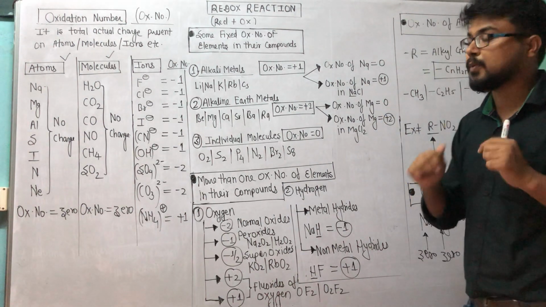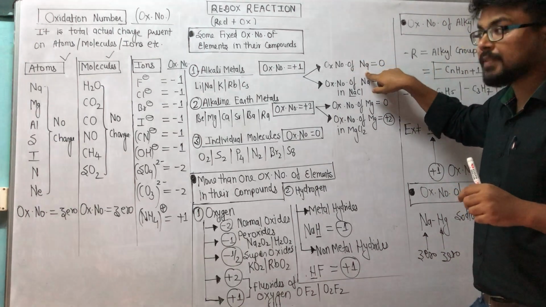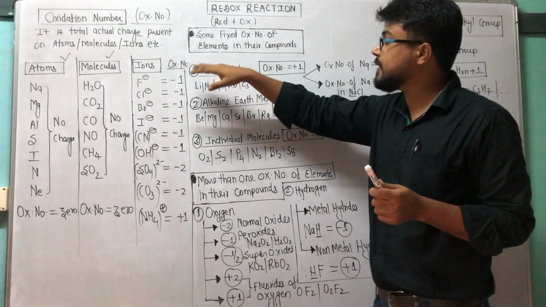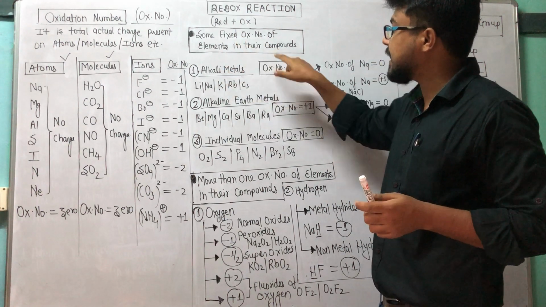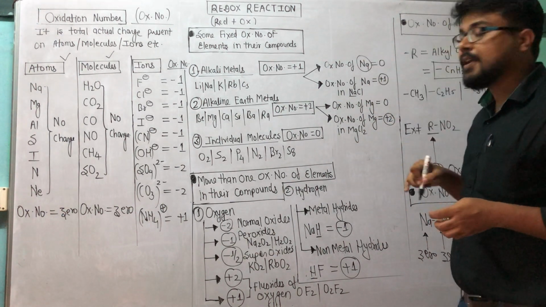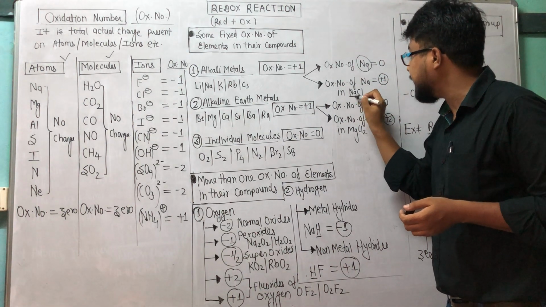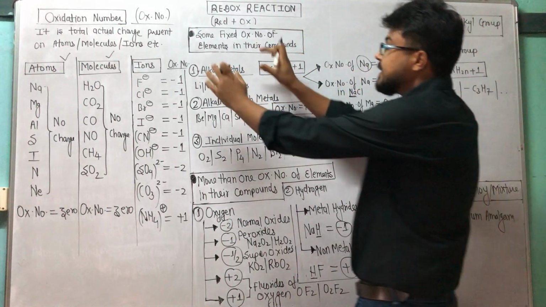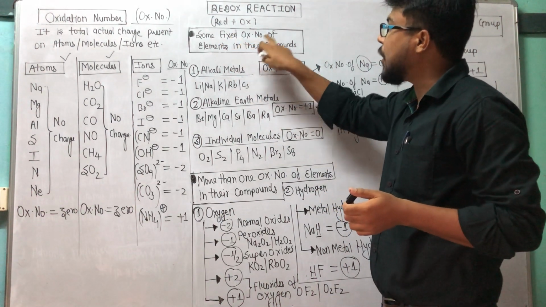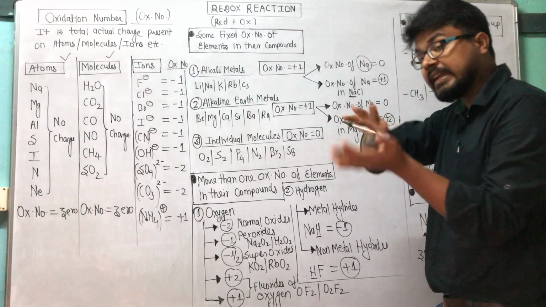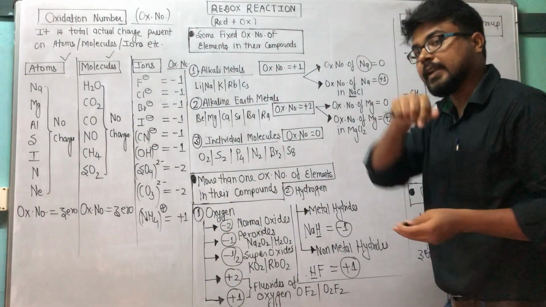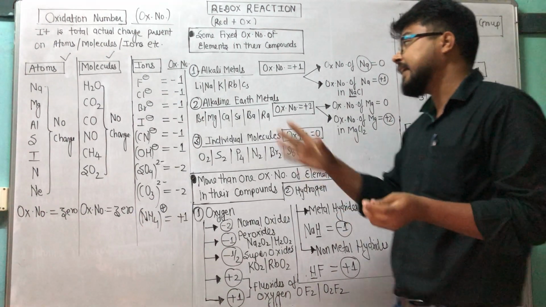Students face lots of problems here. Sodium individually belongs to the atom category, so the ox number of individual Na is 0, but the ox number of Na in NaCl is +1. This is as per the specified rule: fixed ox numbers of elements in their compounds, not individual elements. If an element is individual, it comes under atom, and for an atom it is 0, correct?